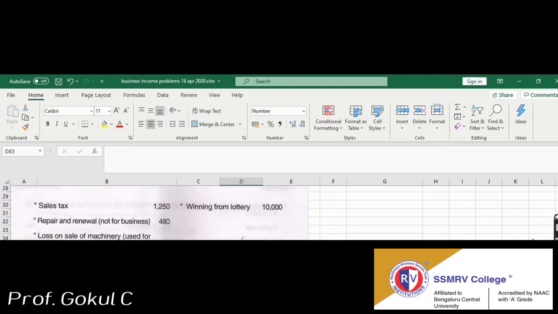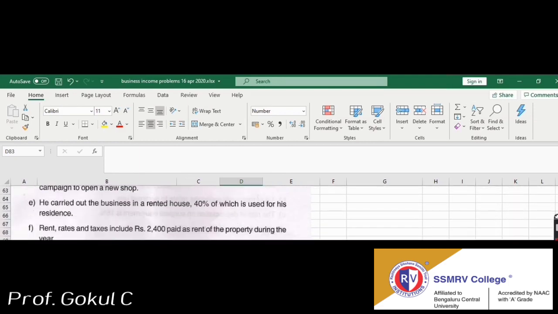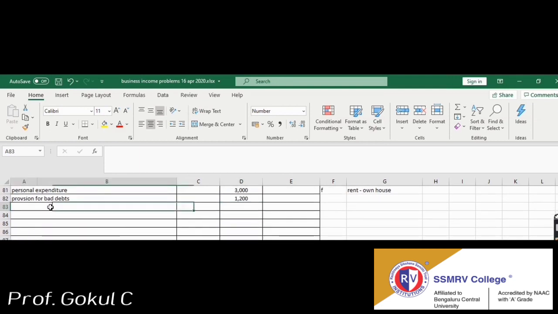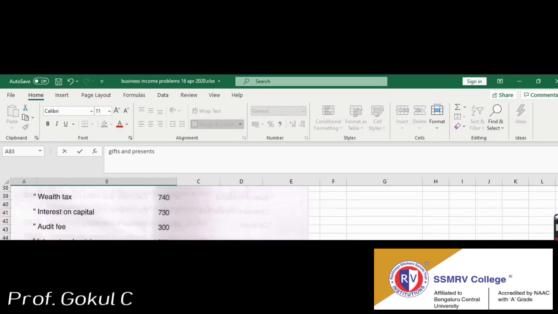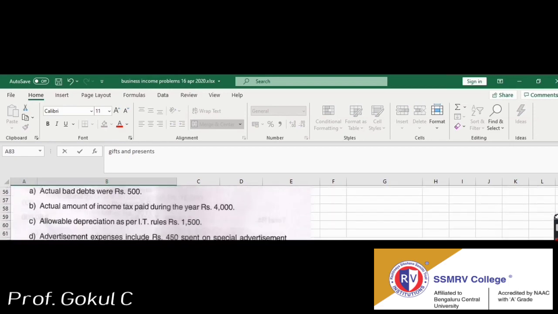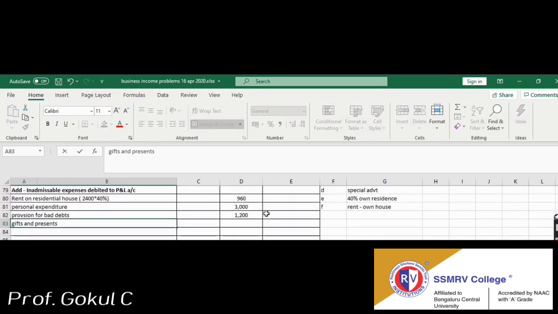Gifts and presents are not part of your normal business expenditures. So whatever gifts and presents, 150 rupees, please add back that 150 rupees here.